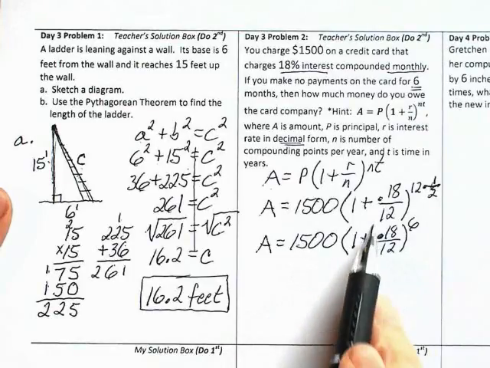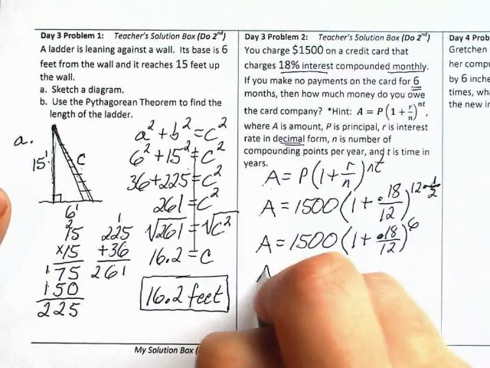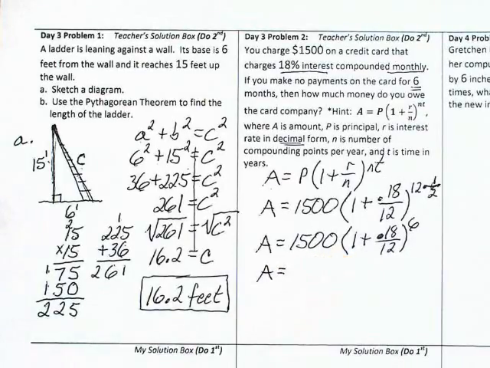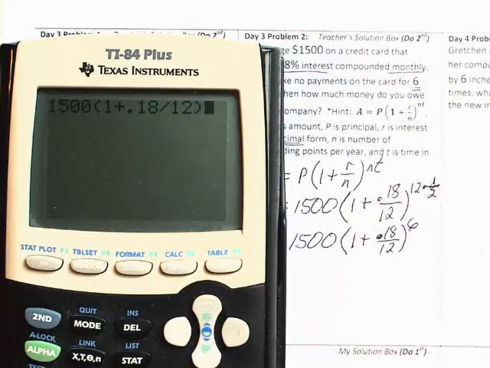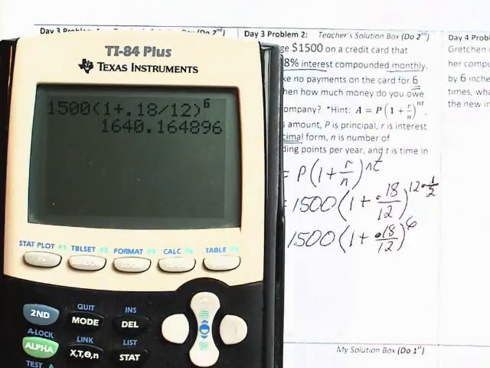And then we can type this in the calculator to get an answer for A. Let's do that. $1,500, parenthesis, 1 plus 0.18, divide 12, close up the parenthesis, exponent, 6. Enter.